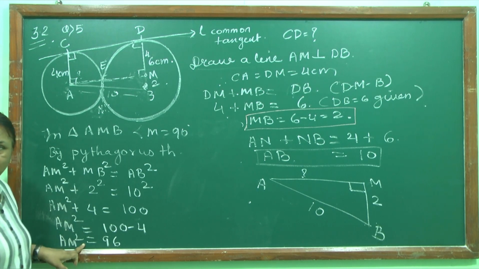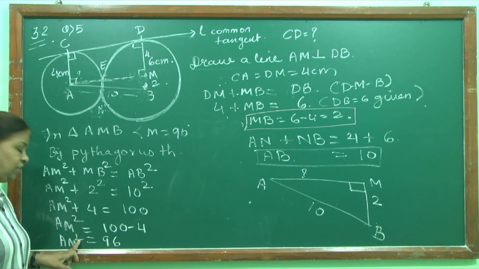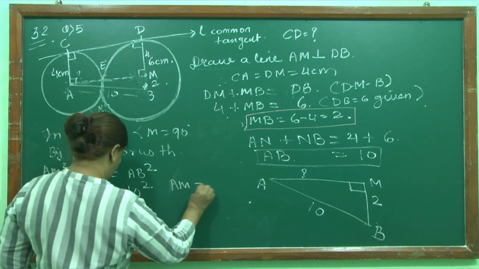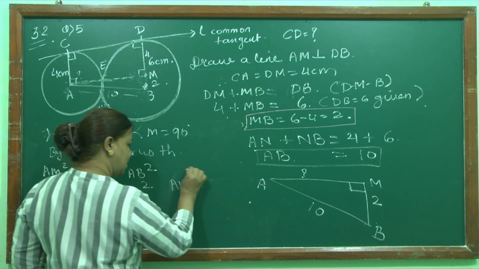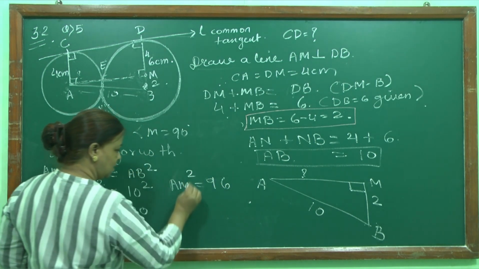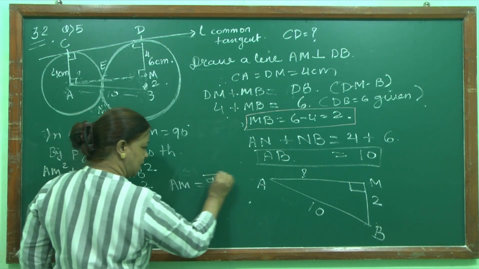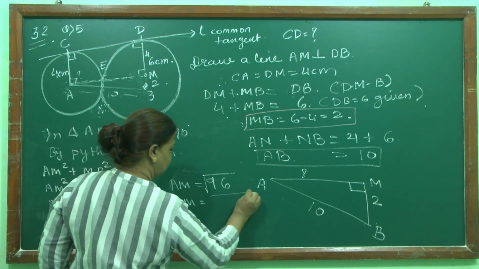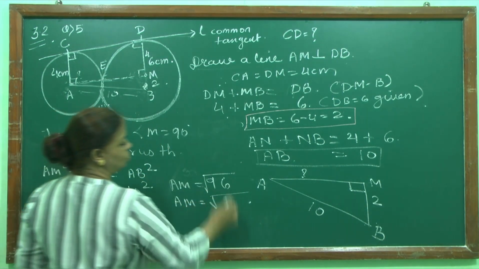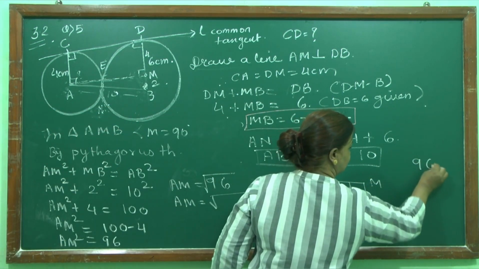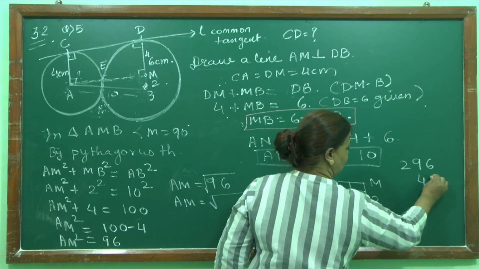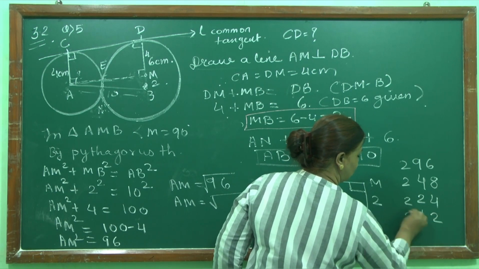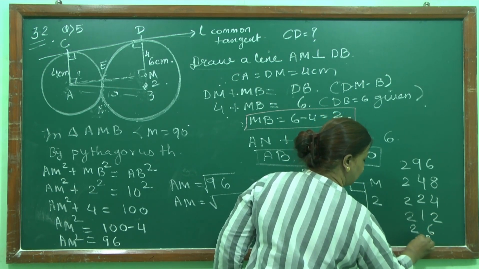Now you know how to remove the square. You will be removing the square and placing the root here. So AM is equal to root 96. Now you have to factorize it. 96: 2 4s are 8, 2 8s are 16, 2 2s are 4, 2 1s are 2.